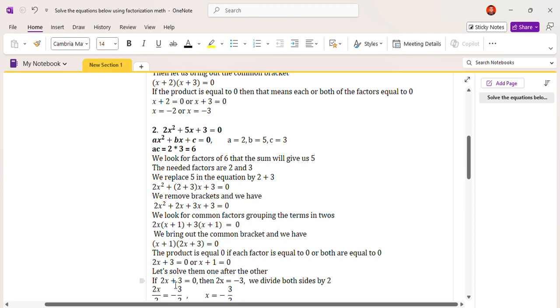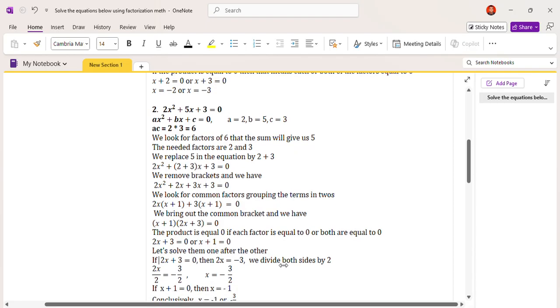As it moves to the other side, the sign changes, so plus 3 becomes minus 3. So 2x equals minus 3. Since x is what we are looking for, we divide both sides by 2, so 2x over 2 equals minus 3 over 2. The 2 cancels 2, so x equals minus 3 over 2.